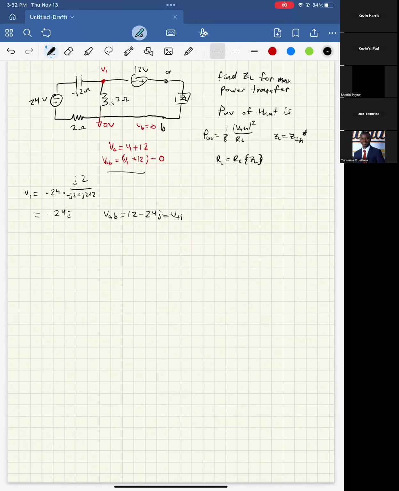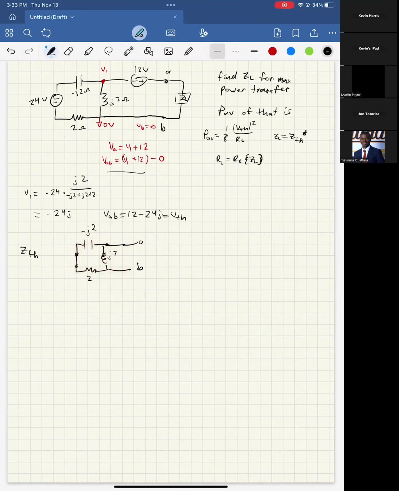That's VTH. Now if we want to find ZTH, we think of this where we short our voltage sources and we keep the circuit the same. And we say, okay, what is the equivalent impedance looking into the circuit this way? We have negative J2, J2, and 2. Okay, if I go in A, then I can either go this way or this way. So we have these 2 things in parallel with this.